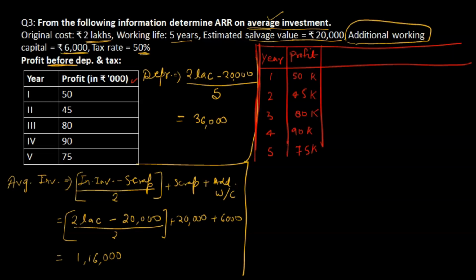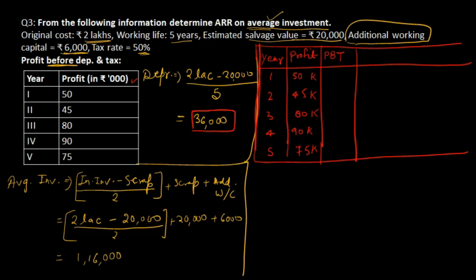Now we have to deduct depreciation from these profits. These are profits before depreciation and tax, so after deducting depreciation we will get profit before tax.